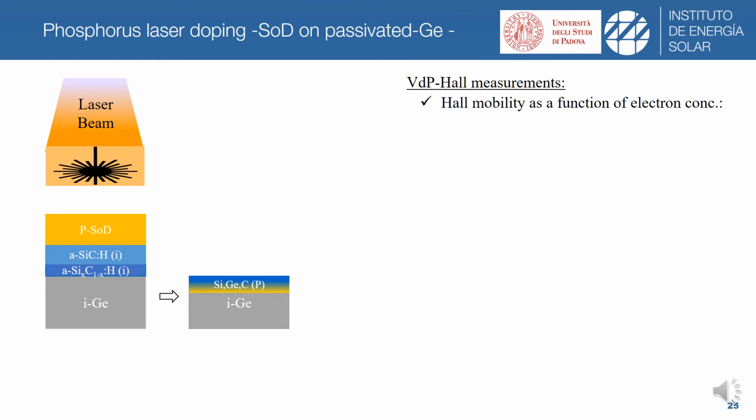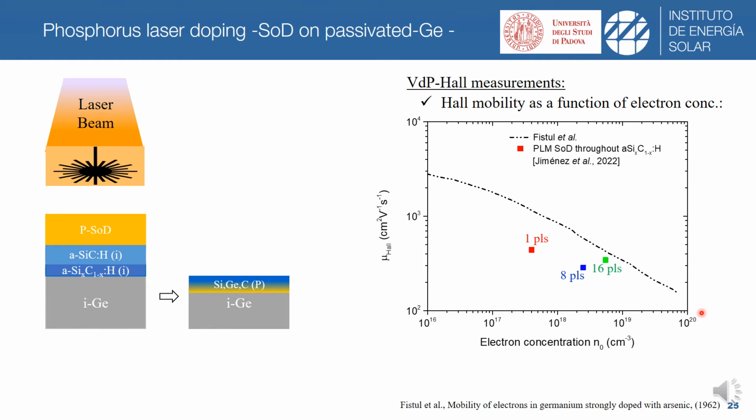In this case, we have also analyzed the Hall mobility as a function of the electron concentration. As you can see here, most of the conditions do not follow the expected trend for the electron concentration and the Hall mobility.